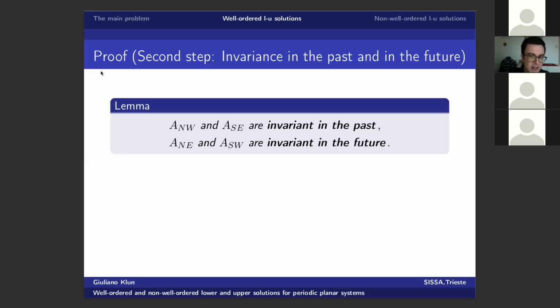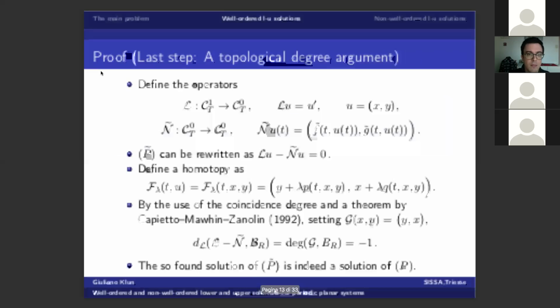And vice versa for A northeast and A southwest, in which if the trajectory for some time t0 belongs to these regions, then for t greater than t0, the solution remains in this region for every t greater than t0.